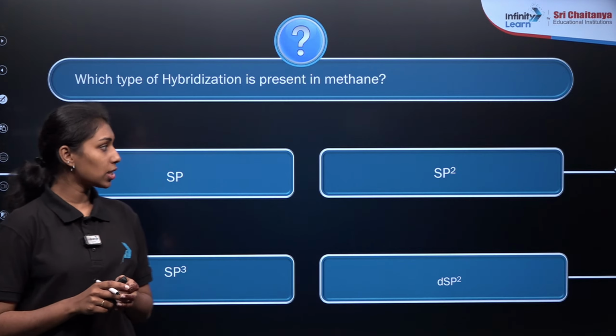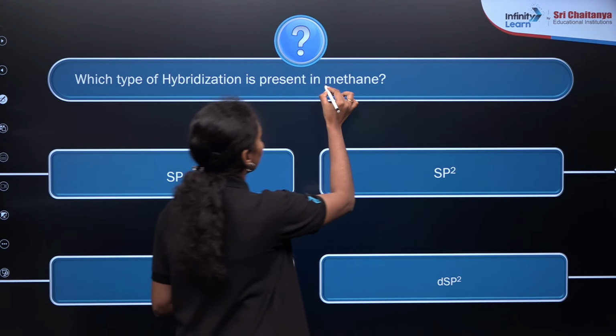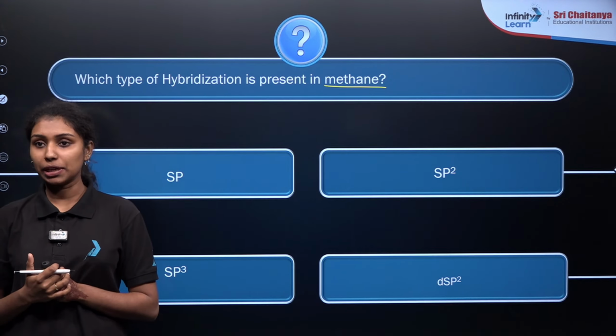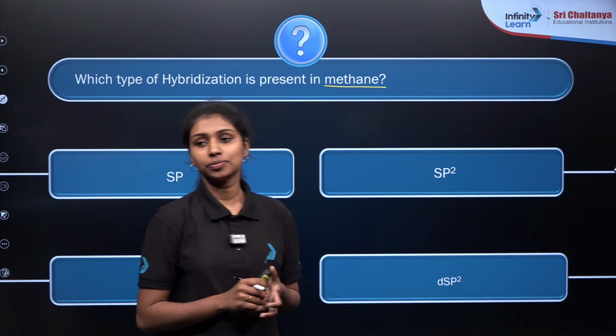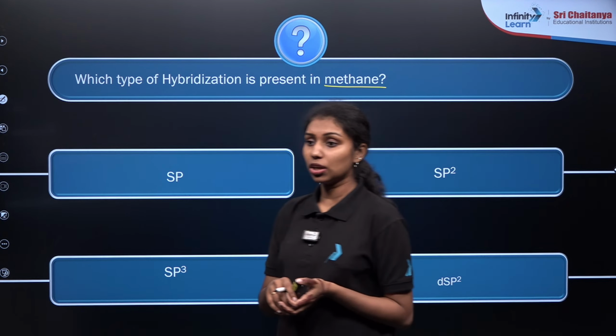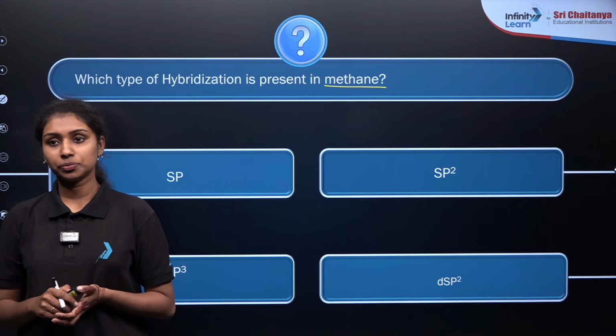The molecule is already given here. At least give me random guesses. Options are already given here: whether it is sp hybridization, sp2 hybridization, sp3 or dsp2 hybridization.